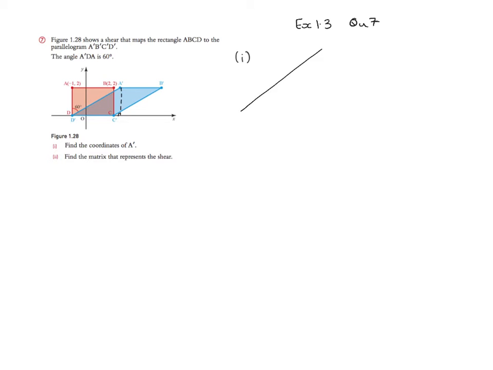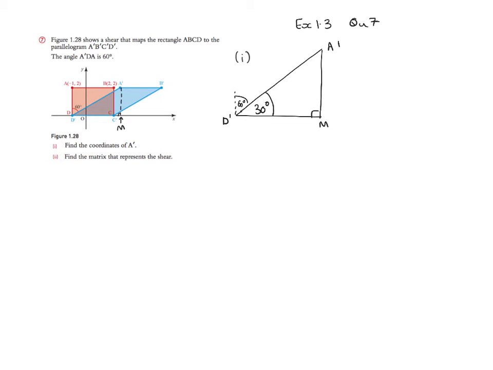So let's focus on this triangle, which has A' at the top right vertex, D' or D, because they are actually the same point, on the bottom left, and at the right angle we have this point here, which I will call point M. Now, because this angle here is 60 degrees, we know that this angle here is 30 degrees.